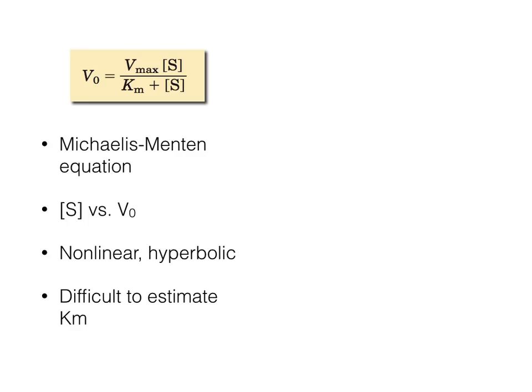Now, if you take a look at the Michaelis-Menten equation, it describes the relationship between substrate concentration versus reaction velocity. And this relationship is nonlinear, hyperbolic. And the problem with this is that the Km is difficult to estimate or extrapolate.